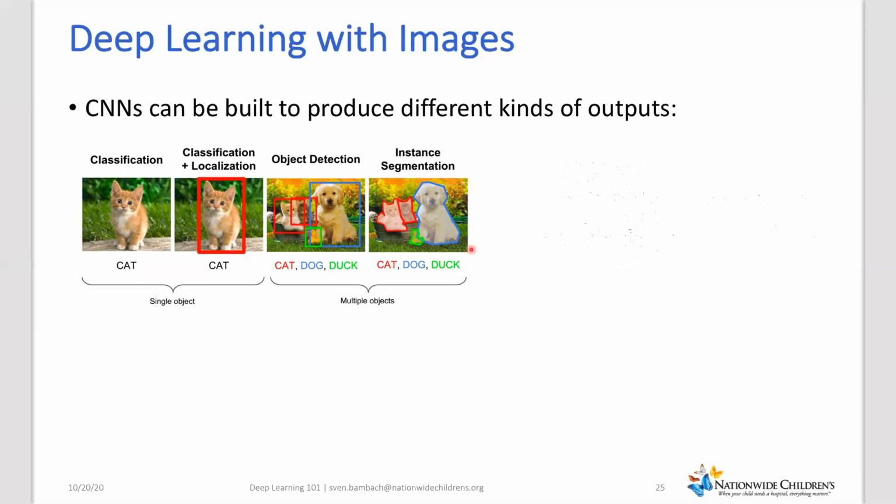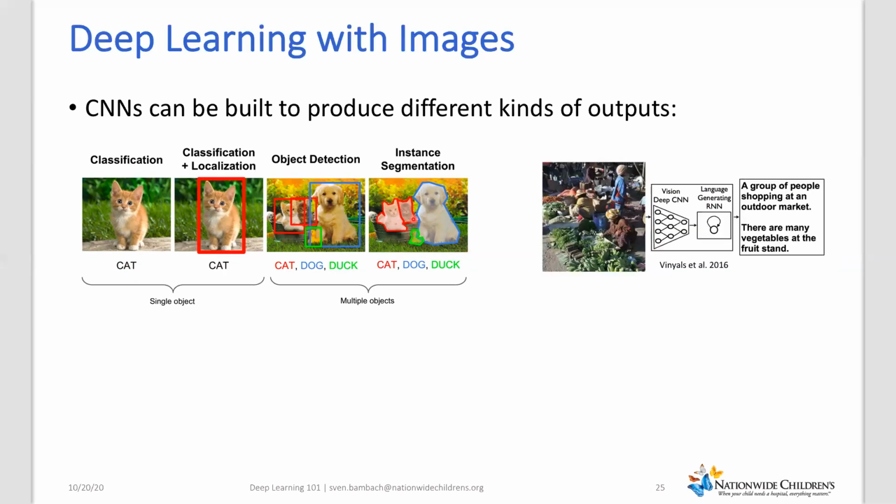But it doesn't even have to be a class of something. You can even combine neural network models for vision with neural network models for speech, which I'll talk about in a minute. And you can build a neural network model that takes an image and produces a sentence description of that image, like a caption. All that is possible.